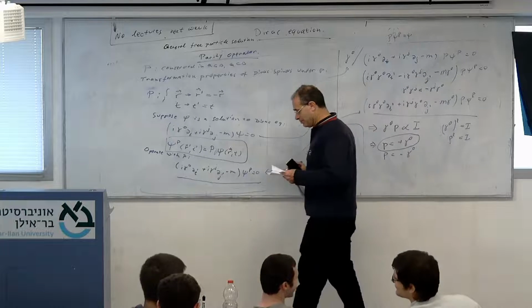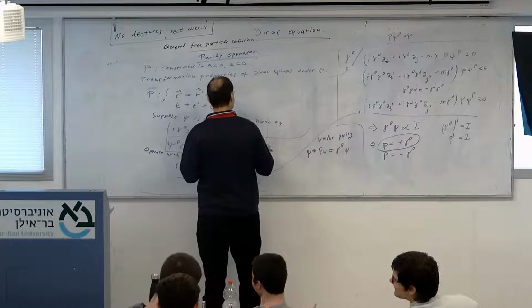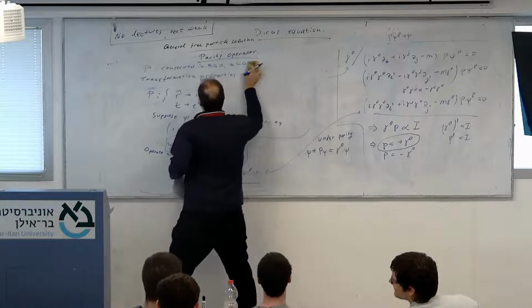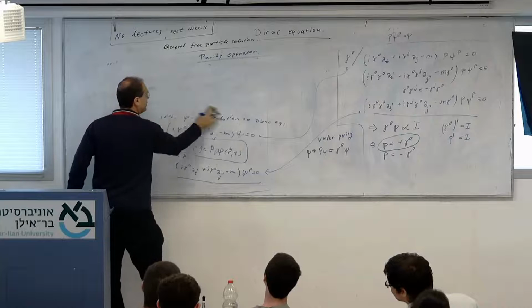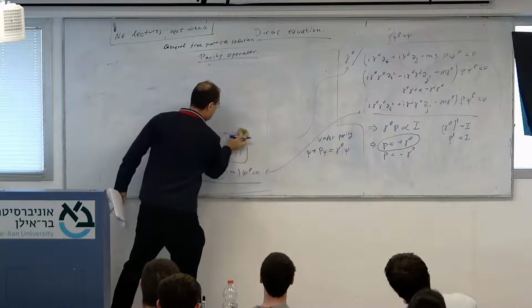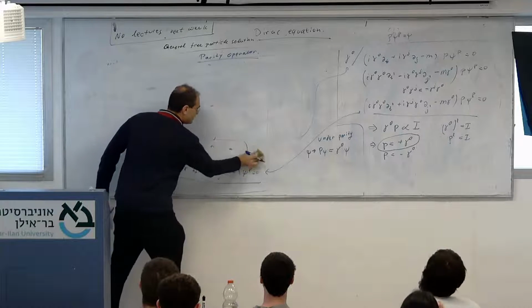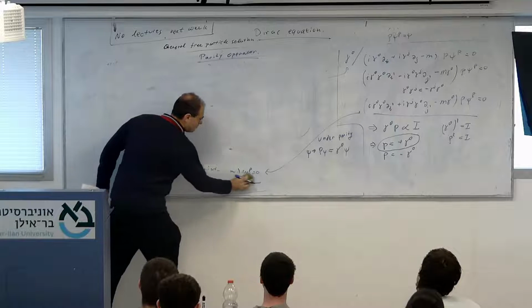So, for example, if we look at the particle at rest, again, remember what we're trying to do here. We are looking at the intrinsic properties of the Dirac spinor.